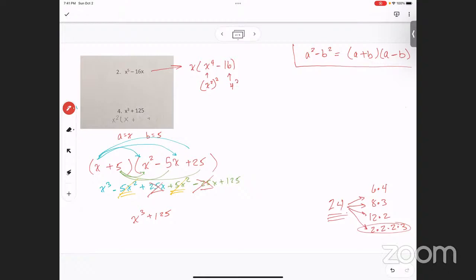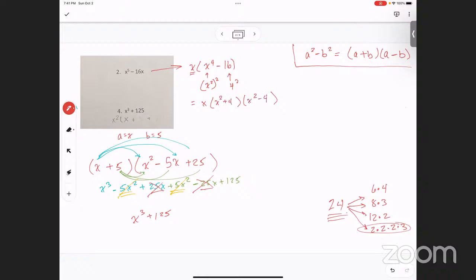So really what I have here would be, now don't forget the x that's sitting out front still, right? But what would my factoring be if I factor this out? x squared plus 4 and x squared minus 4.